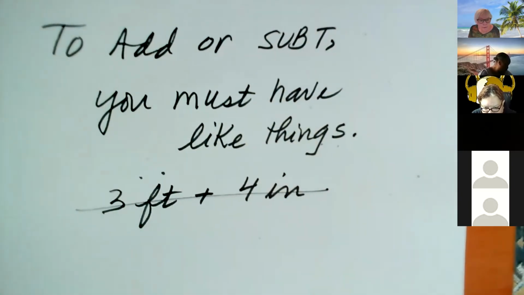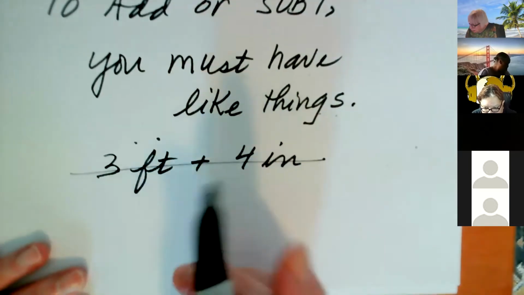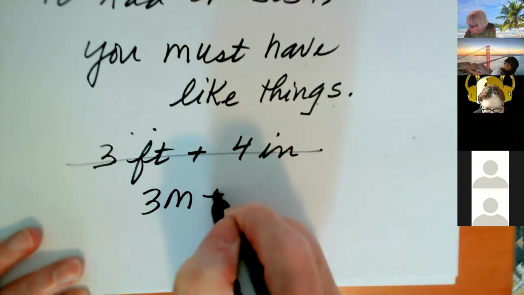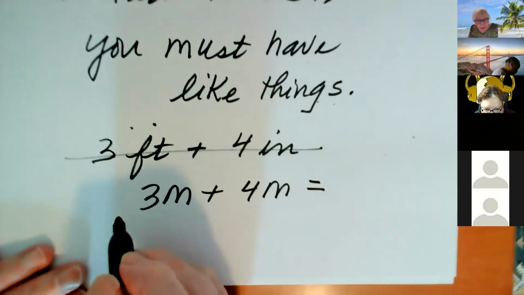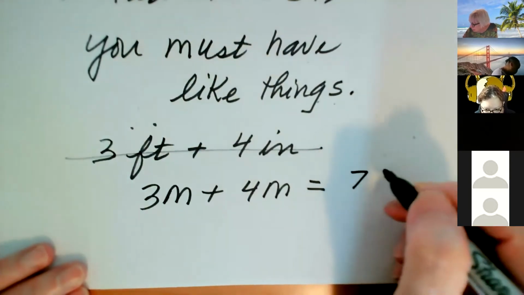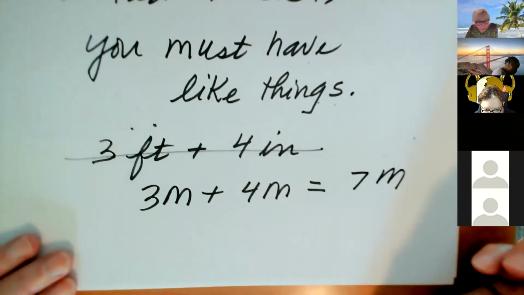It seems so obvious they forget to mention it. If I have 3 meters and 4 meters, I am good to go because I have like things. That would be 7 meters.